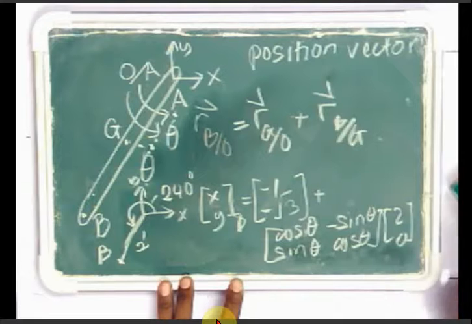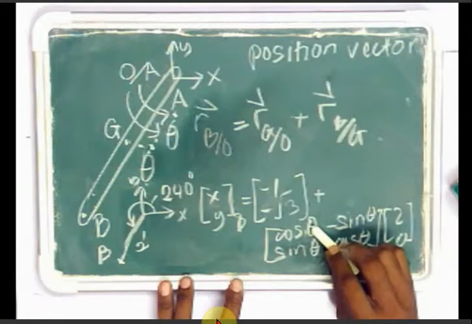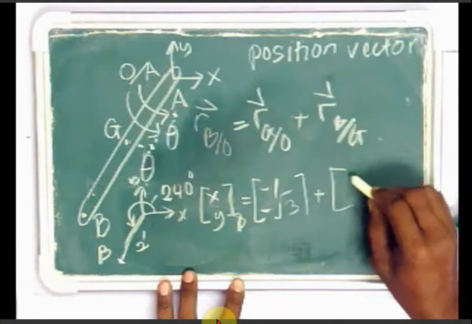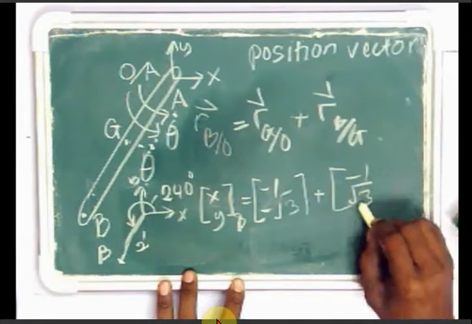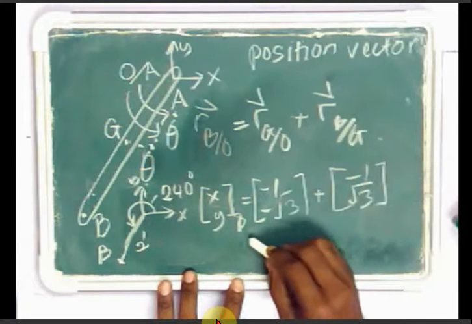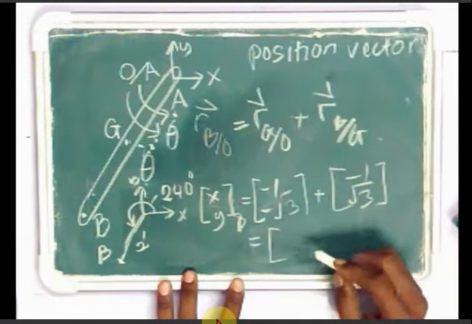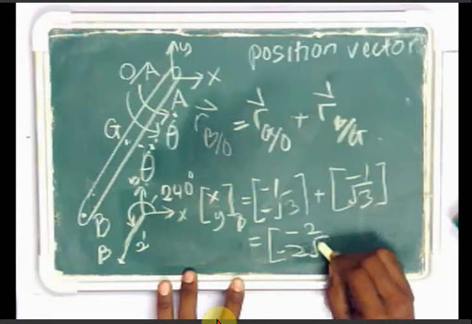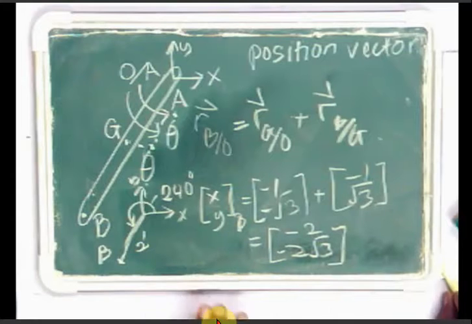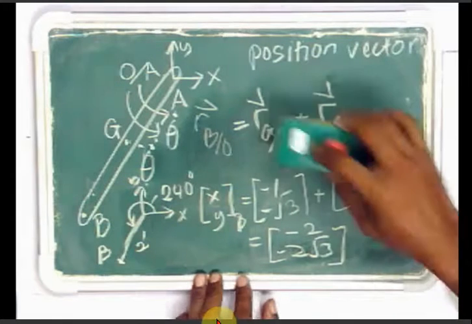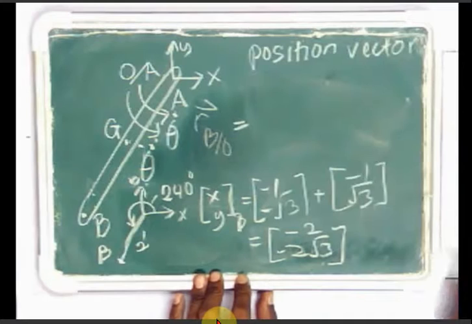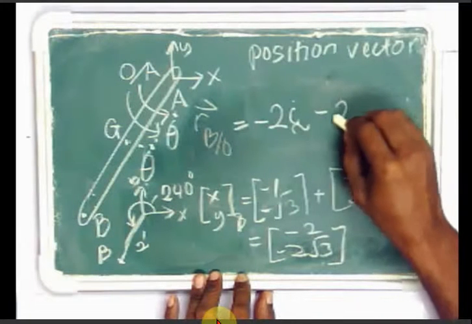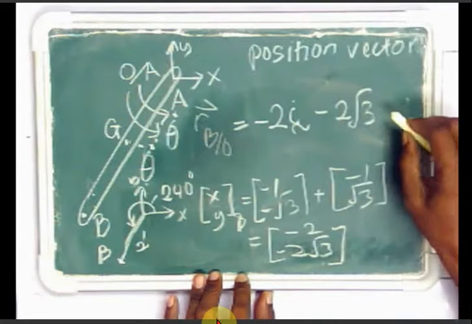So after we put in the value of 240 here, we're going to have the value of minus 1 and square root 3, right? So here we have minus 2 and 2 square root of 3, and we can write the equation for position vectors. Here is 2i minus 2 square root of 3 j.